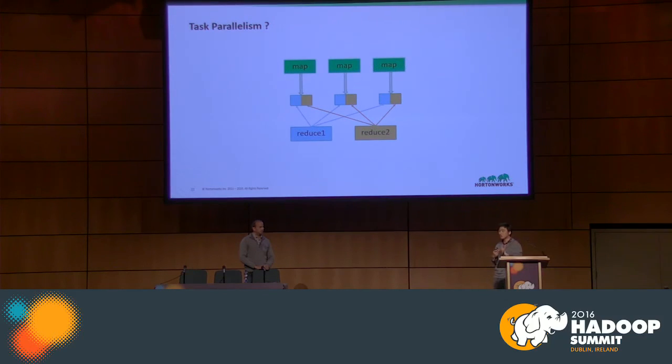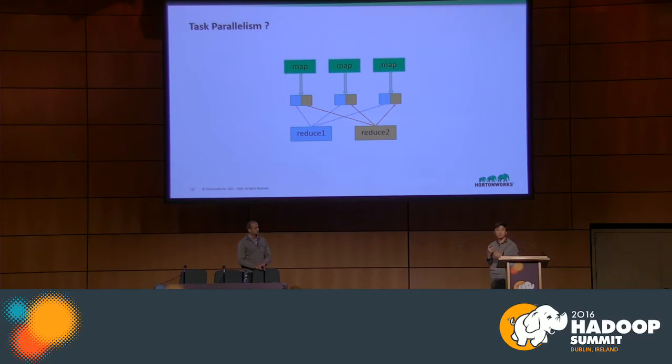Let me explain the task parallelism in detail. As you can see here is a traditional MapReduce paradigm, and we have 3 maps, and each map task will generate an output file. This output file is combined by several partitions, and here we have 2 reducers.